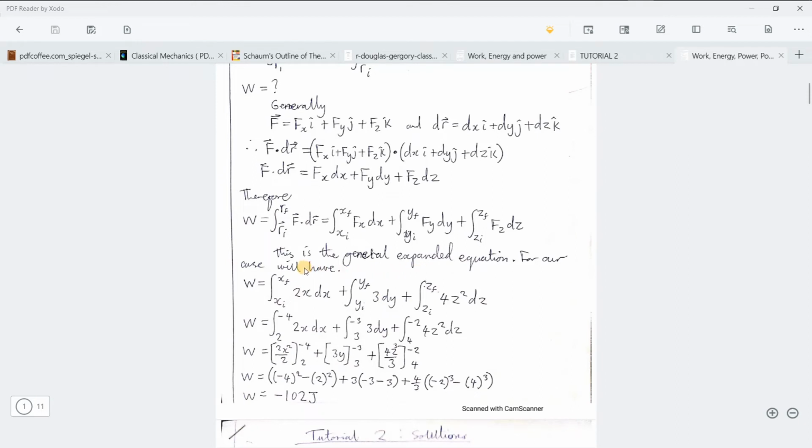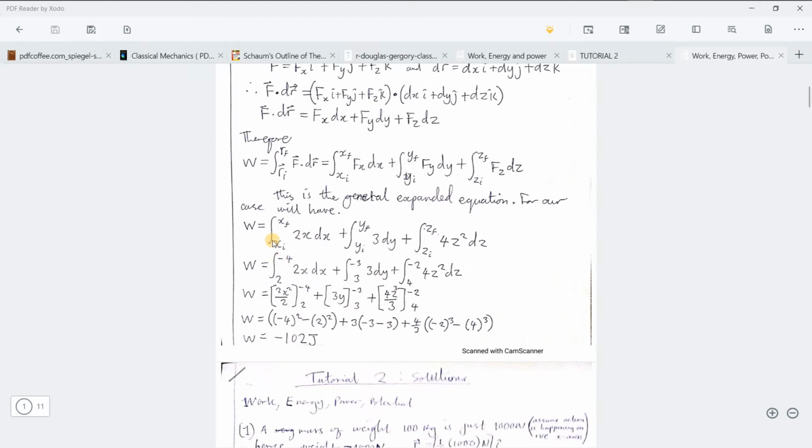Looking at this equation we've written here, let's now look at our limits. We've seen this is xi to xf, right? For this first part, our limits are from xi to xf. Now xi is representing the initial x position, and x final, which is xf, is representing the final x position.